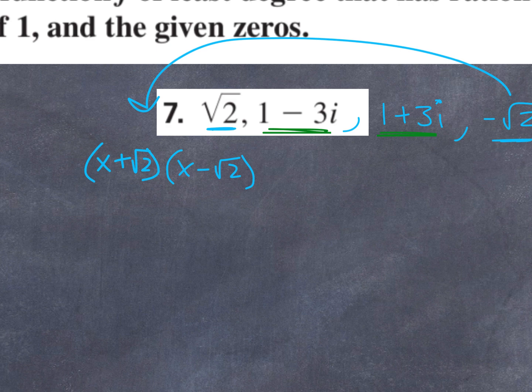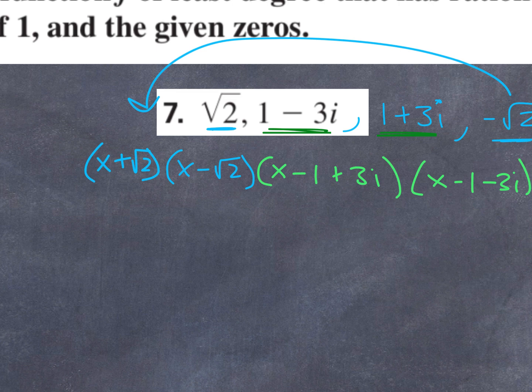I just wrote this one with its pair because I'm going to multiply these two together. So then next we have x minus 1 plus 3i and x minus 1 minus 3i. Remember, you always change the signs, and if you have 2 terms here, change the signs of both of them.